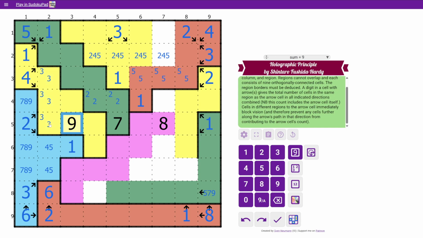We already have a 9 in yellow, so 9 goes there, and a 7, so this is 3 because 7, 8 are already on its row, and then a 7, 8 will be a pair there.